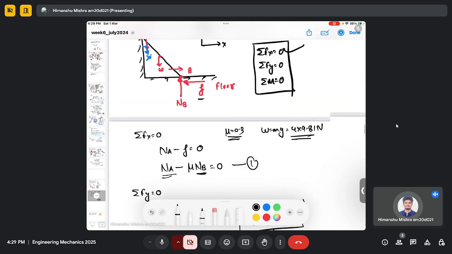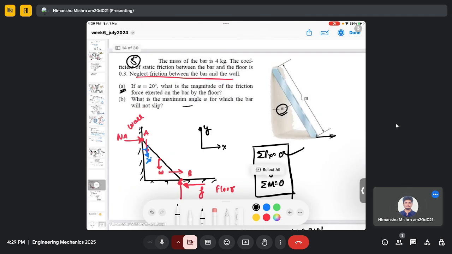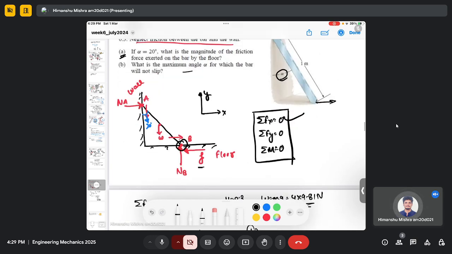So what happens if I take a moment along some point? Let's say if I take the moment along point B, then I will have a moment due to weight and due to NA.